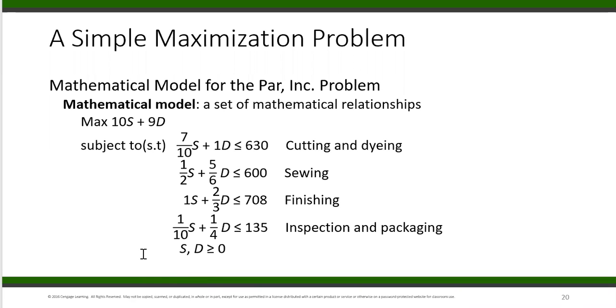What we can do here, when we want to solve it, we need to find all those combinations of S and D, standard bag and deluxe bag, that work in all the constraints that we have, which basically is called a feasible solution.